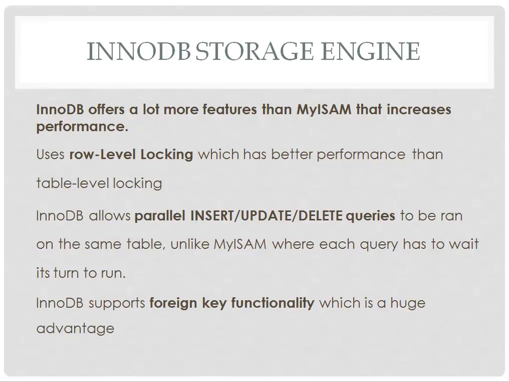We're going to talk about this later as well, but let's say we have a customer table, and then we have a customer address table. Now, with foreign key support, we can make it so that if we delete a customer, then their address would also be deleted on the related addresses table. So that's very important, and it's a very nice feature to have.